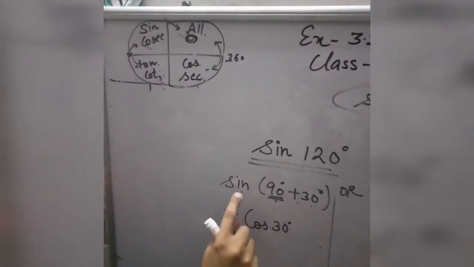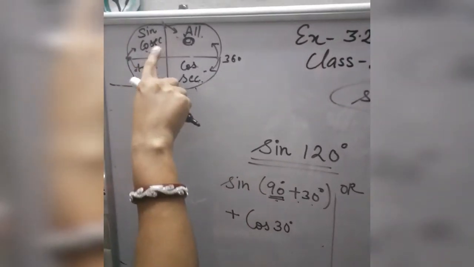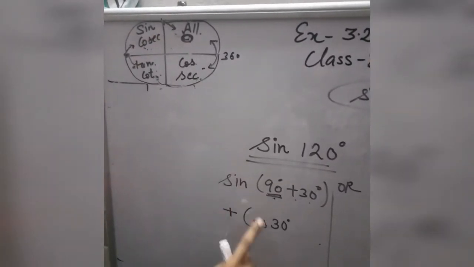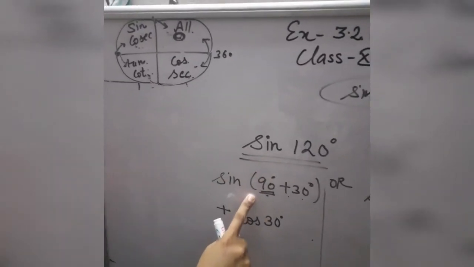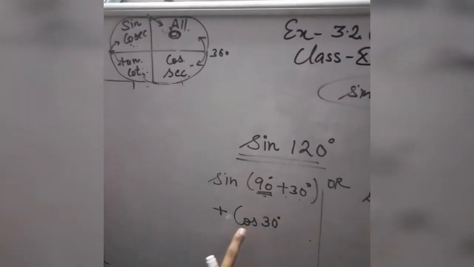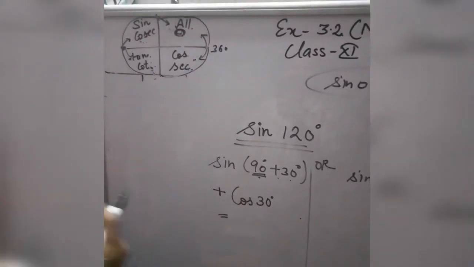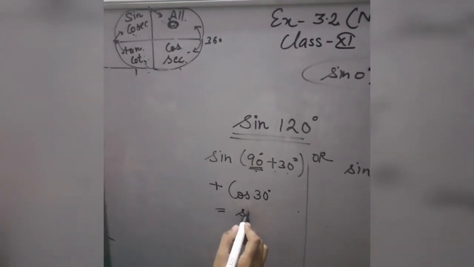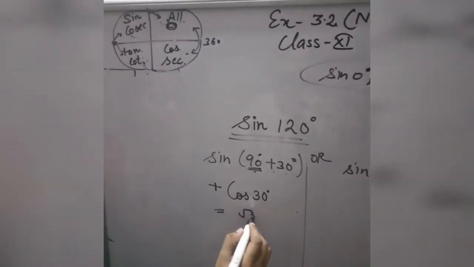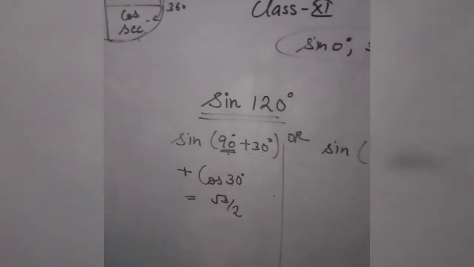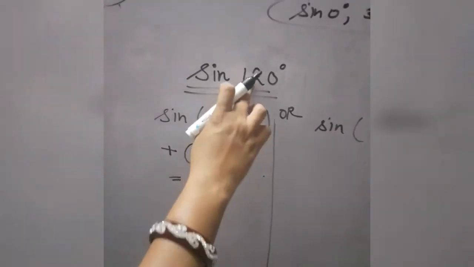You are finding the value of sine, that's why you check the sign of sine in the second quadrant, and sine is positive there. So sine 120 is equal to sine 90 plus 30, which can be written as plus cos 30, and all of you know the value of cos 30 is root 3 by 2. So this is the value of sine 120.